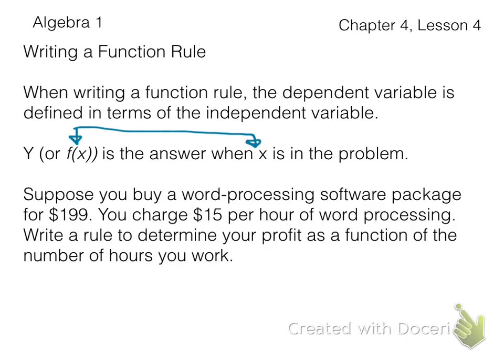Okay, so just one more word problem. Suppose you buy a word processing software package for $199. You charge $15 per hour of word processing. Write a rule to determine your profit as a function of the number of hours worked.